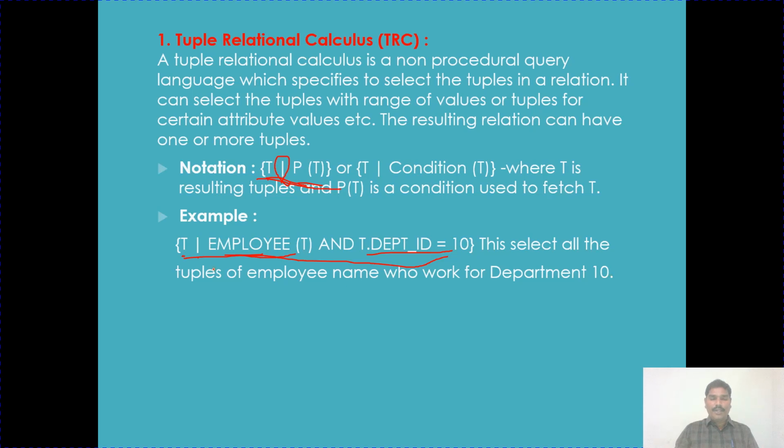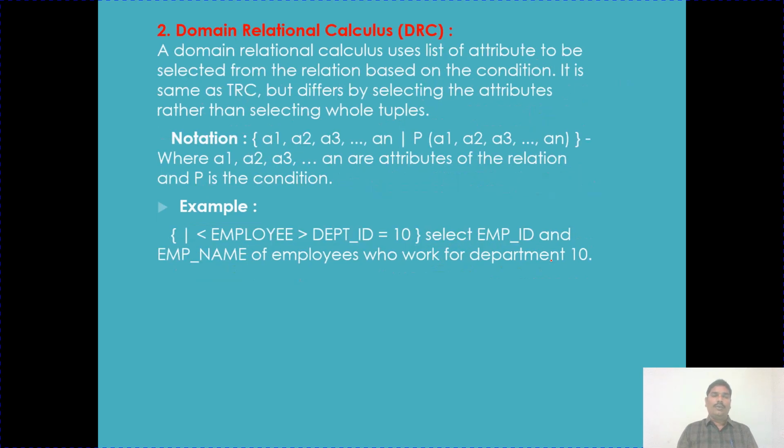For this query, the entire statement {T | Employee(T) AND T.DepartmentID = 10} selects all the tuples of employee names who work for department 10. Okay, next, domain relational calculus.